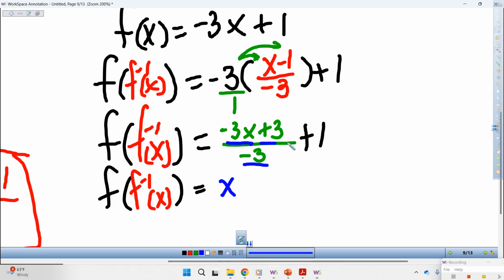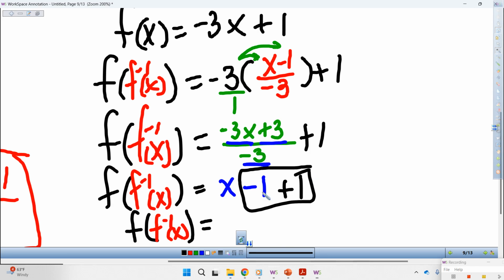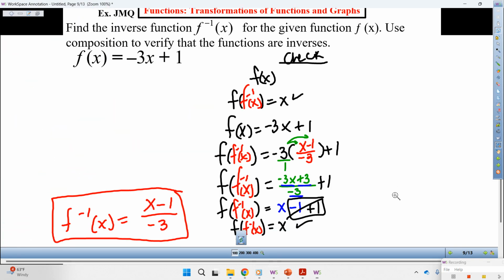And what is 3 divided by negative 3? Negative 1. All right. And bring the 1 down. So last step, f inverse of x. These combine, and that leaves us with x. So far so good, yes?